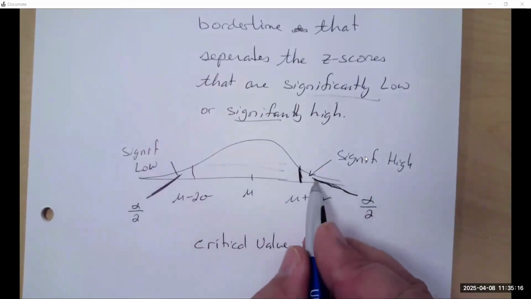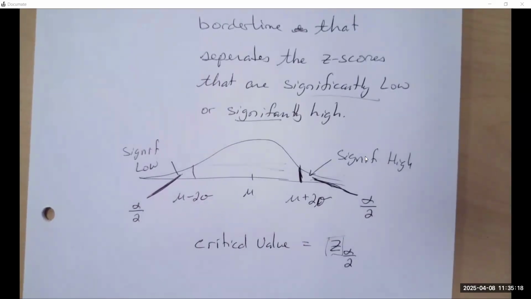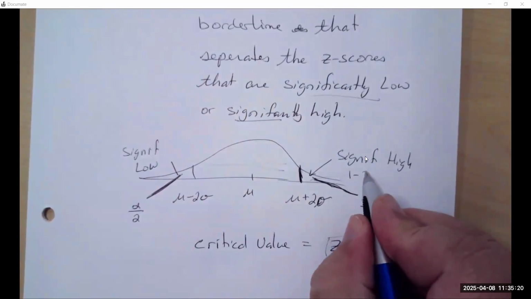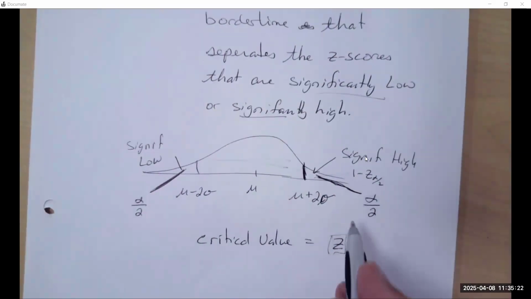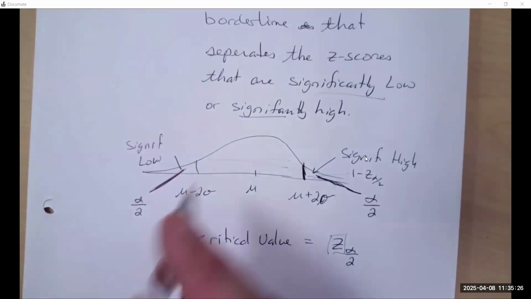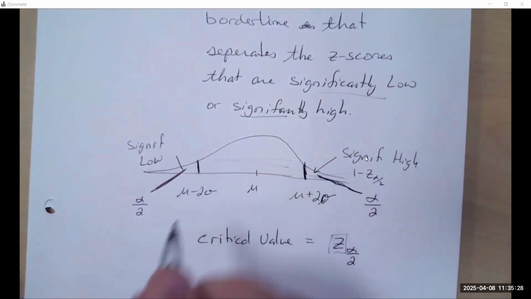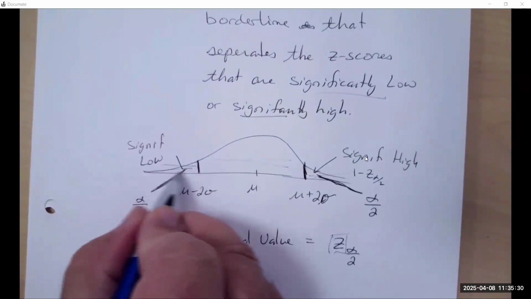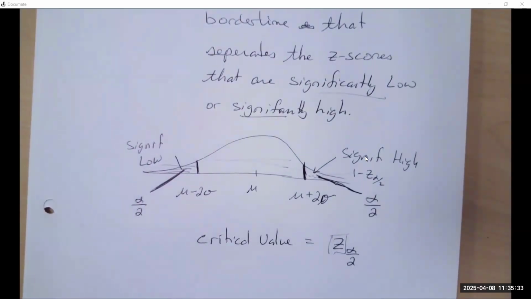I subtract it from 1, I get this area. So this is 1 minus the z-score is my area inside here. If I'm down here on the left side, then whatever my z value is. Because why? Because the z chart tells us the area to the left of the number.